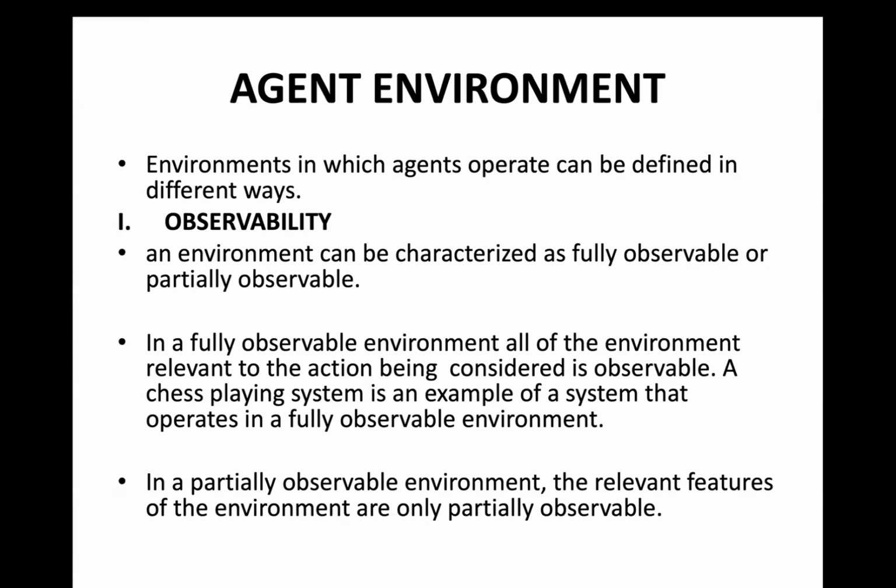Now, in some environments, not everything is visible at all times. Some aspects of the environment are not visible. For example, for a self-driving vehicle, its visibility is limited to a certain area, or a certain radius.